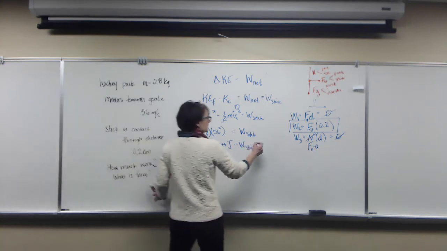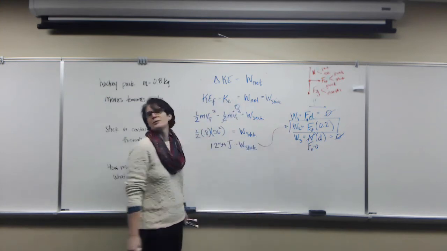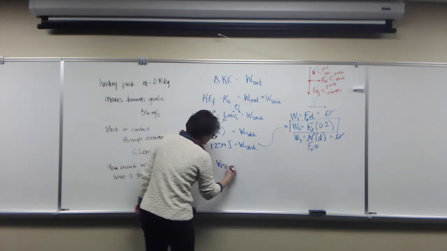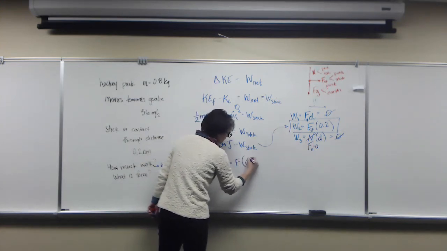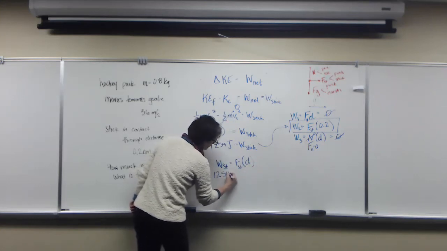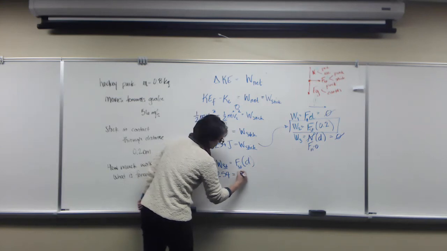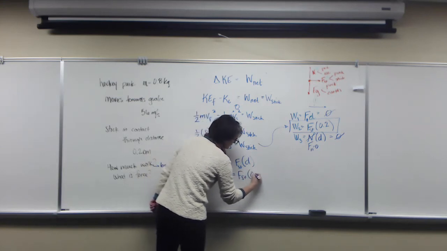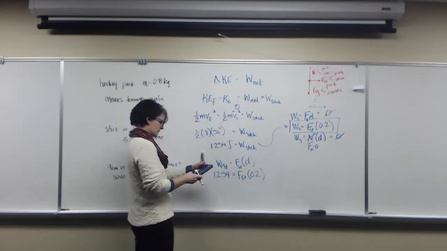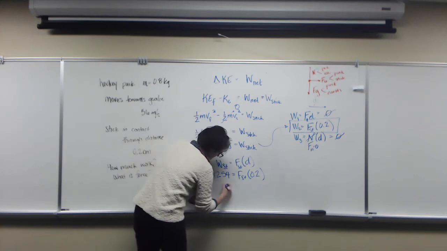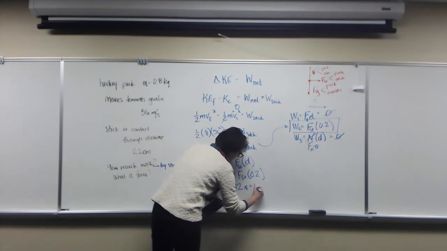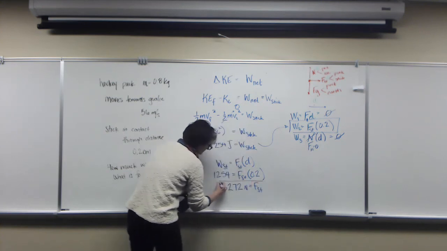And now we can utilize the work we've already done. So we know that the work done by the stick is equal to the force by the stick times the displacement. So I have 1,254 is equal to the force of the stick times 0.2. So divide that by 0.2 and we get 6,272 newtons is equal to the force by the stick.